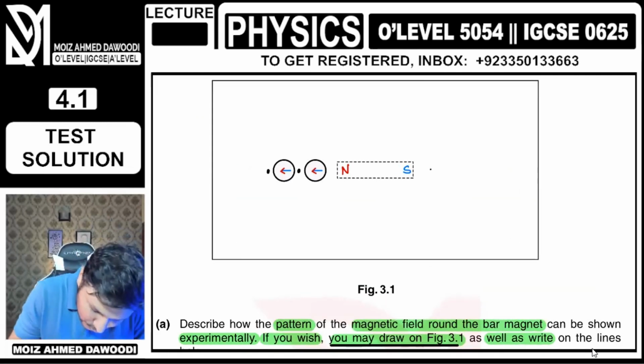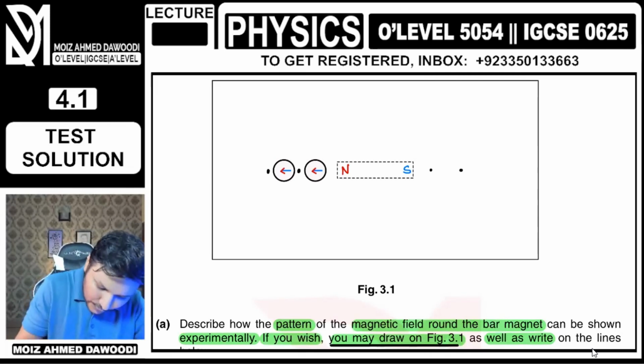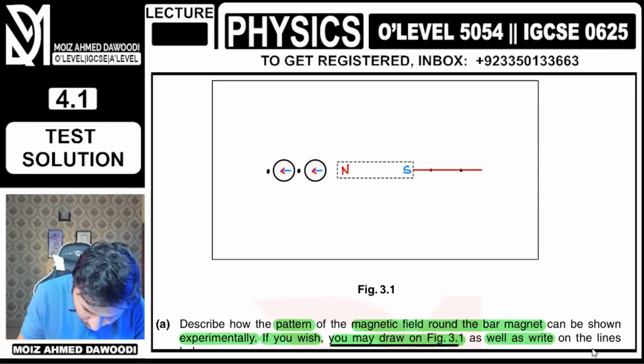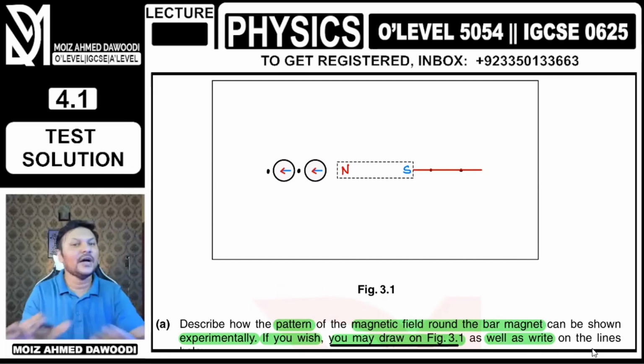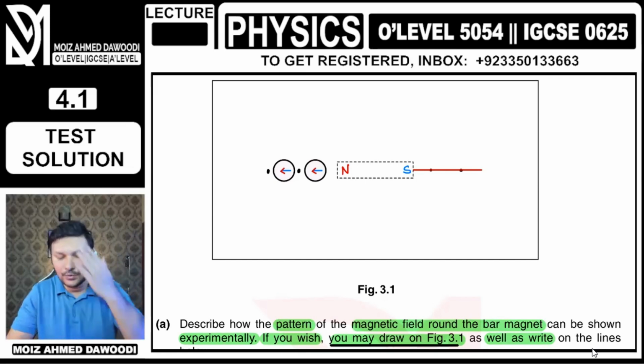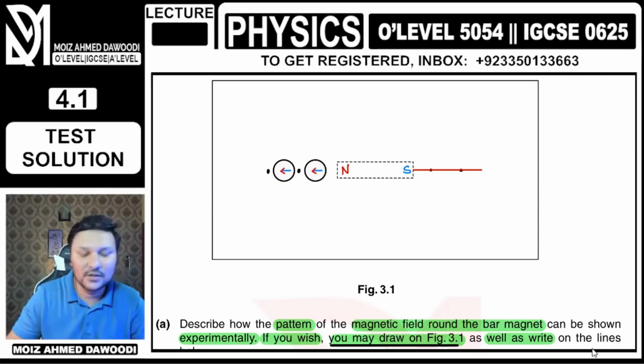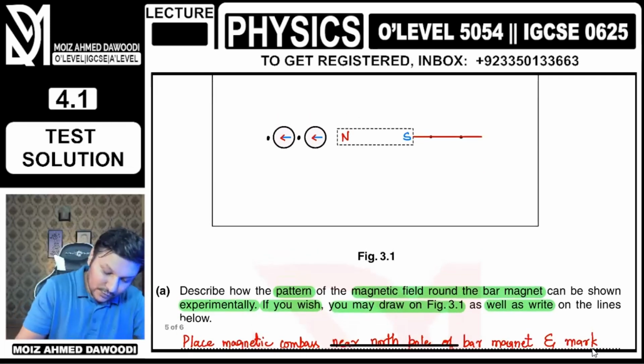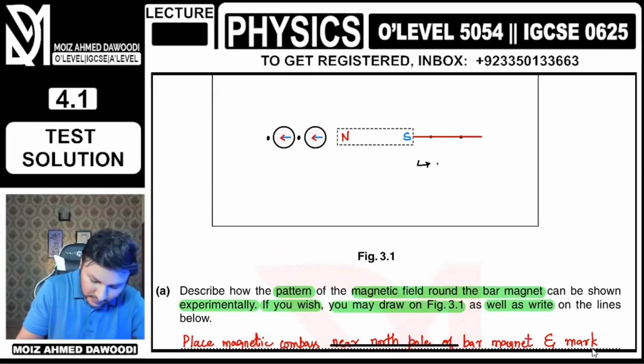You can show the dots here, and you can show how you join these dots to draw the magnetic field line like this. You don't have to draw the direction because it's not asked in the question that you need to draw the direction of the magnetic field as well. If you draw the direction, that is a privilege for the examiner or for you. So this will give you mark number 4.